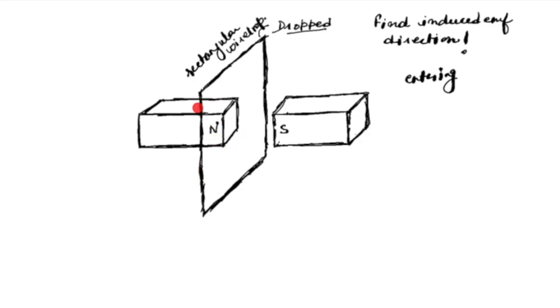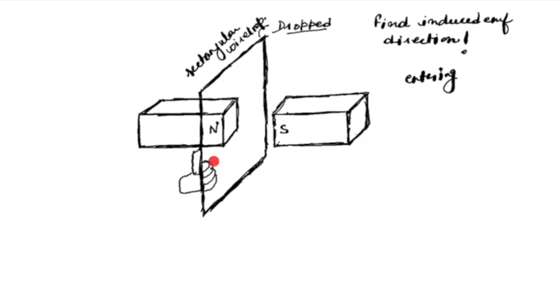Let's see this loop. If you grab it with the right hand, you will see your fingers curl like that, going into the page, right? And that is what the opposition is. To oppose north, we will oppose it like that. So if I draw a diagram like that, my fingers will be curling like that. And don't ask me how they can be my fingers, but that's it.